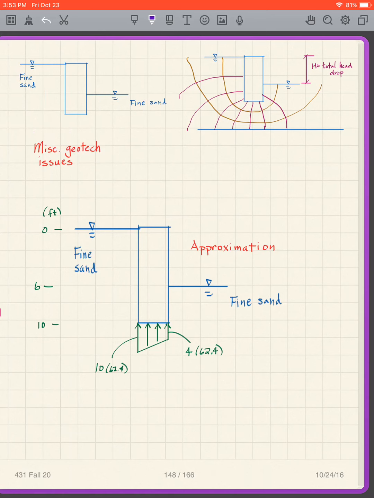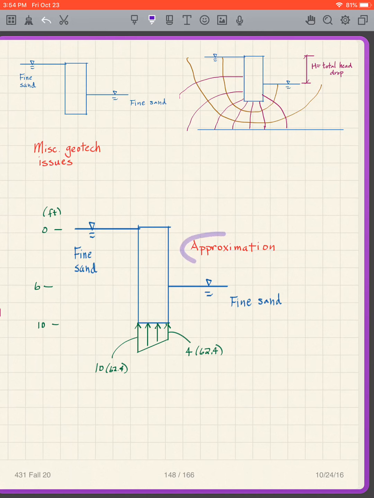So you make a flow net, if you remember how to do those. With that flow net, we can determine the water pressure at the base of the wall, for instance. We can also get the water pressure on the side of the wall, but you have to refresh your memory on how to use a flow net.